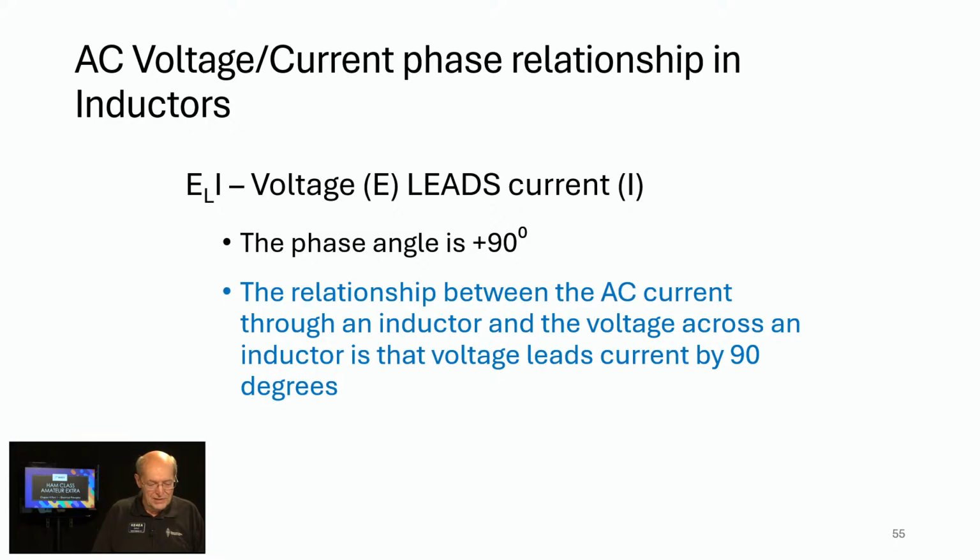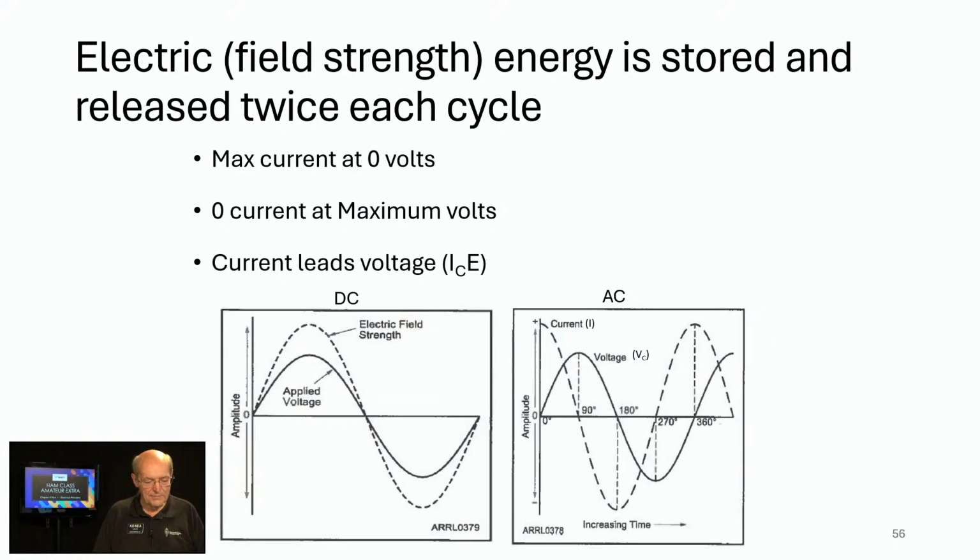So in inductors, we see the same kind of stuff. The phase angle's 90 degrees. And ELI and ICE are at play. And during an AC cycle, we're storing and releasing energy twice per cycle. Here's the positive peak, here's the negative peak.